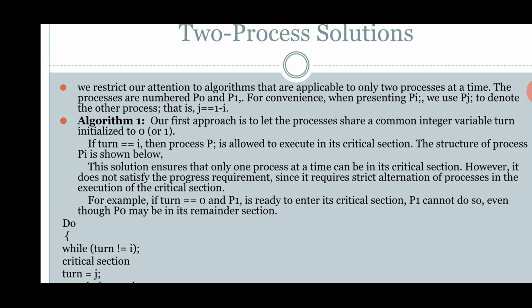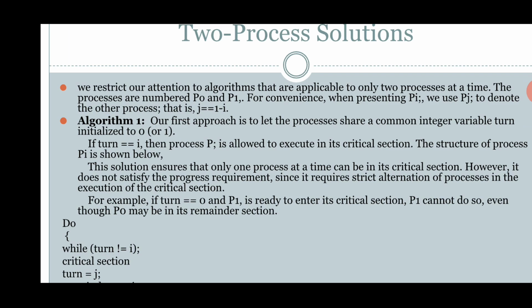For convenience, when presenting Pi, we use Pj to denote the other process. So one process is represented as Pi and the other as Pj, where j = 1 - i. That is one statement they have given.